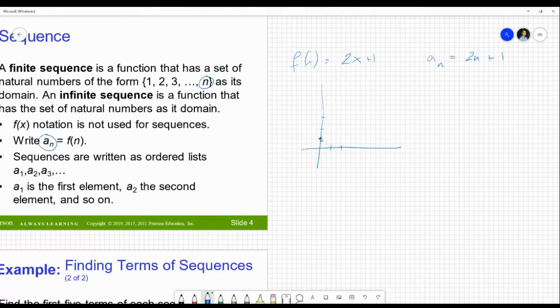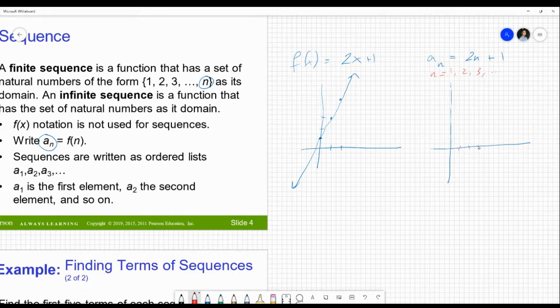So from our y-intercept, we go up 2 over 1, up 2 over 1, and so forth. And then we can connect these points to create a line. For a sequence, it is very, very similar, except remember that n always starts at 1, 2, 3, and so forth.